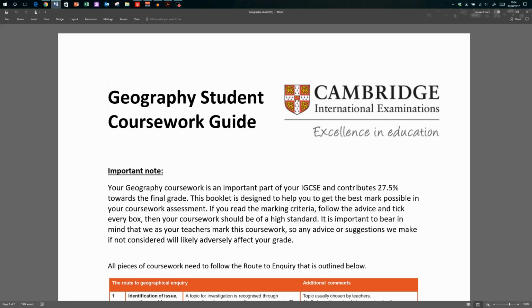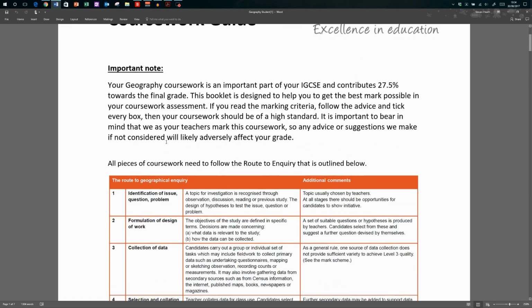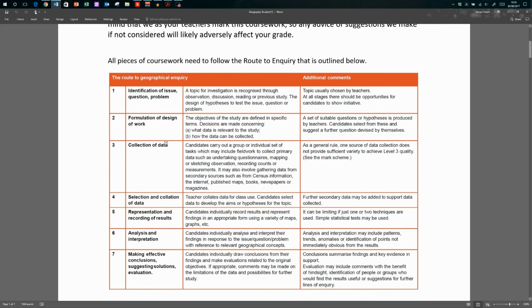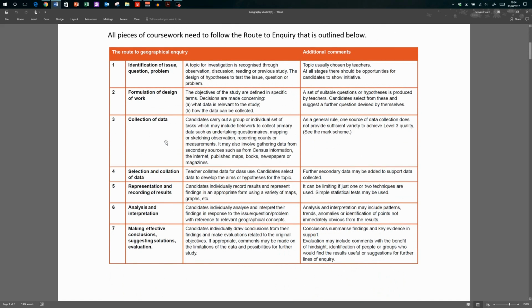I'm going to scroll down now and show you all of the coursework marking criteria. This is what's called the route to inquiry, and you can see it's divided up into 7 parts. Identification of the issues, questions and problem, formulation of design of work, collection of data, selection and collation of data, representations and recordings of results, analysis and interpretation, making effective conclusions, suggesting solutions, and evaluation.